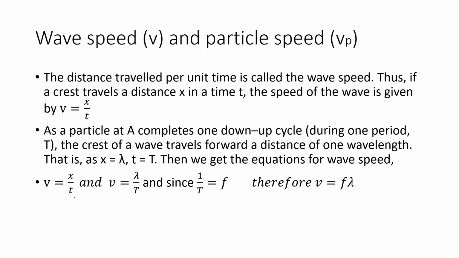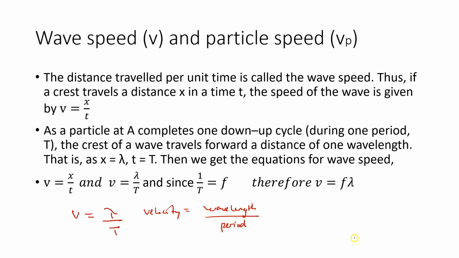So we could simply say that the speed of a wave, which we'll use the symbol v for, is equal to the wavelength divided by the period. We could write it out as velocity equals wavelength divided by the period of oscillation.